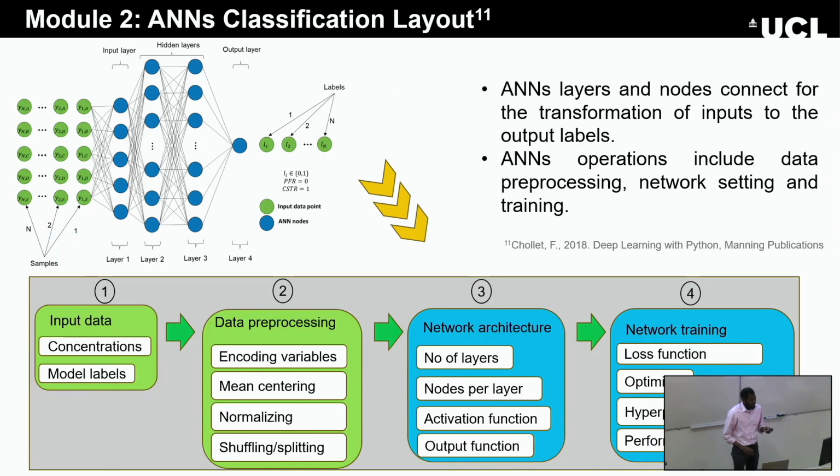So in the ANN layout, we supply the input data, which comprises the concentrations. So we specify the network settings, the number of hidden layers, the number of nodes per layer, and then the output layer.